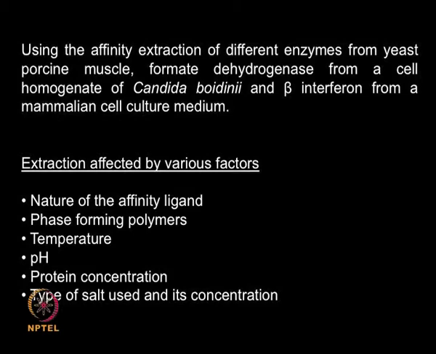These are very standard parameters which are going to affect the aqueous system. For the affinity, the nature of the affinity ligand and the nature of the polymers are two different parameters which need to be considered as well while selecting a ligand.